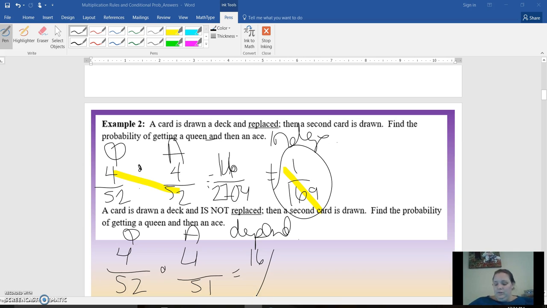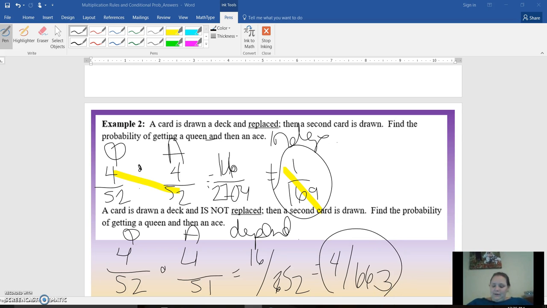So we have 16 over 2652, and that reduces to 4/663. That's the probability, which is 0.6%.